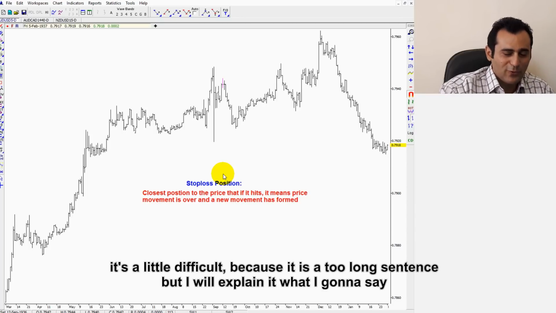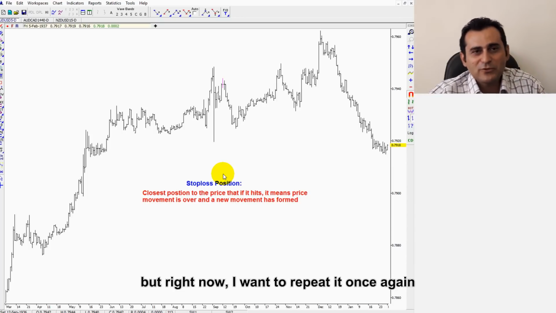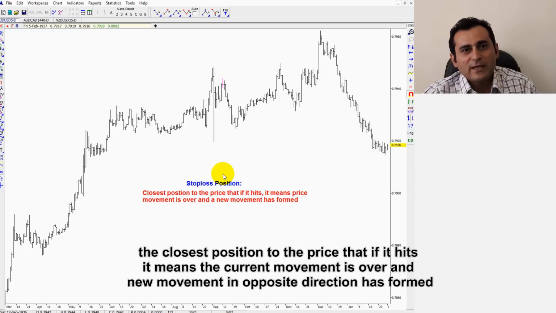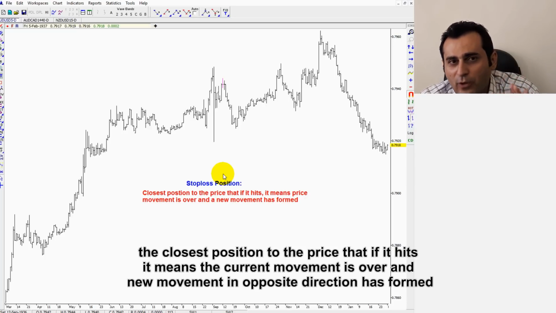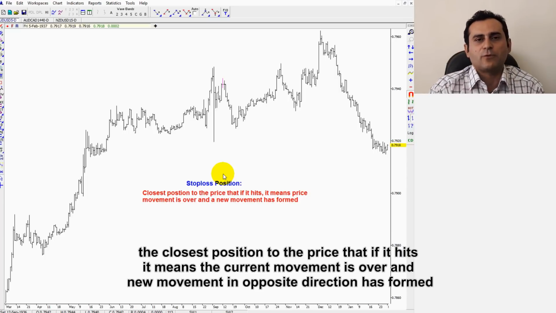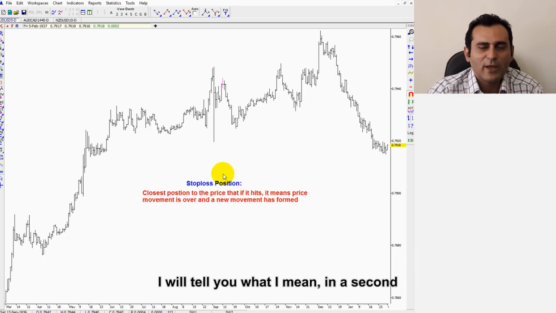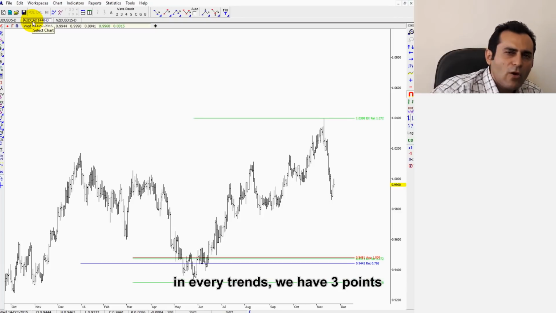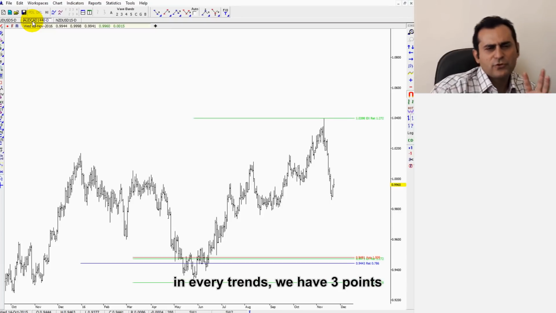Once again, I want to repeat it: the closest position to the price that, if it hits, means the current movement is over and a new movement in the opposite direction has formed. I will tell you what I mean in a second. In every trend, we have 3 points.